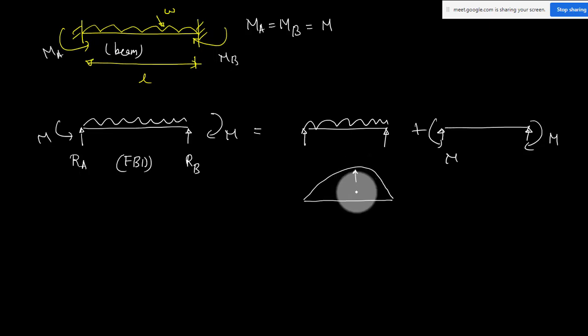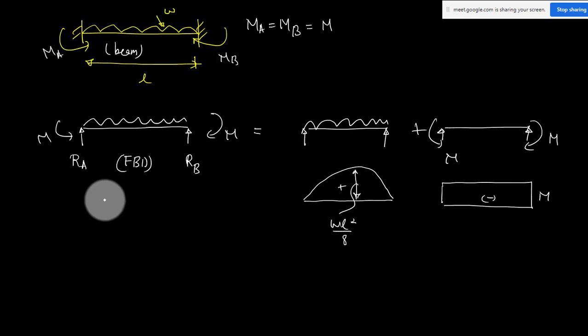So what is the maximum moment for a simply supported beam with UDL? This is WL square by 8. So what is the moment diagram for this? Again it is a simple uniform value M. It is simply positive. Okay, so now you can apply the first moment area theorem. The area of this moment diagram is equal to A dash. Both the areas are equal in magnitude.